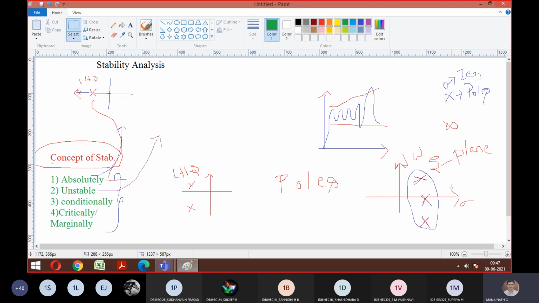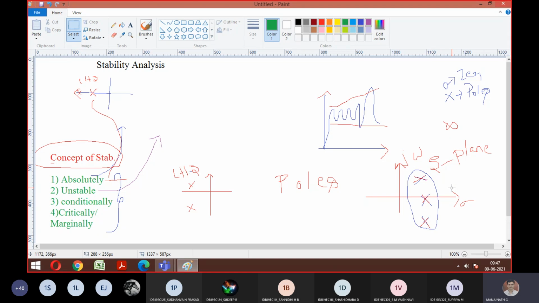So now in the S-plane, I hope you got to know which is stable and which is unstable. Am I clear? Everyone, is it okay guys? Clear? So let's move on to the next category.